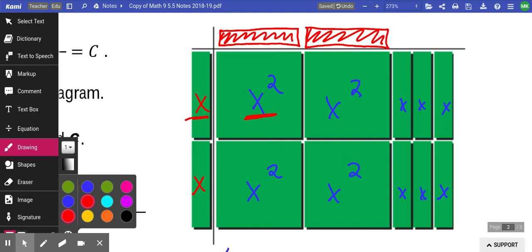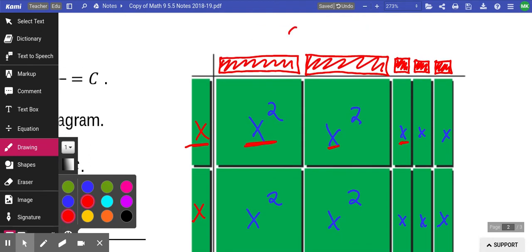The next column is this x right here. I know I have one x in a row, so it would just take one little square like that to create that x. And the same thing for the next 2 rows. So the answer to this would be 2x plus 3.